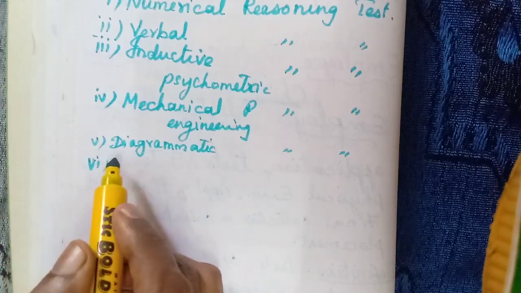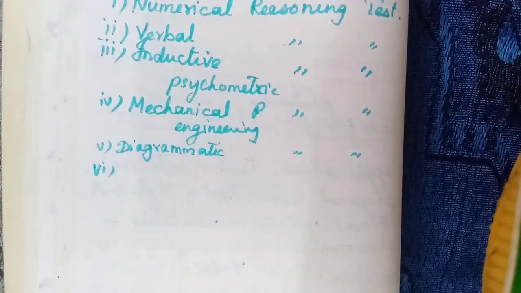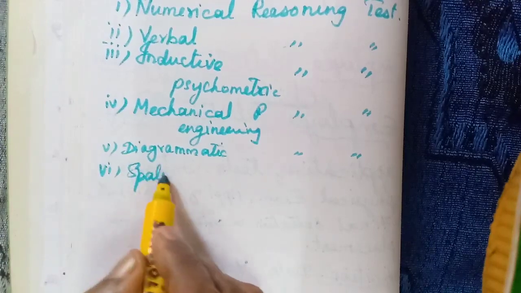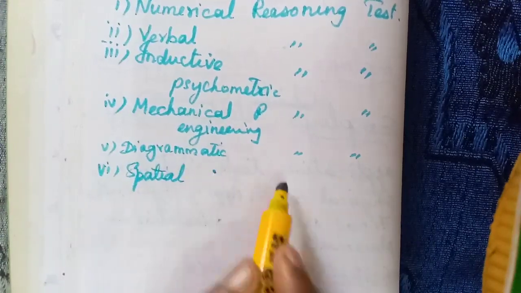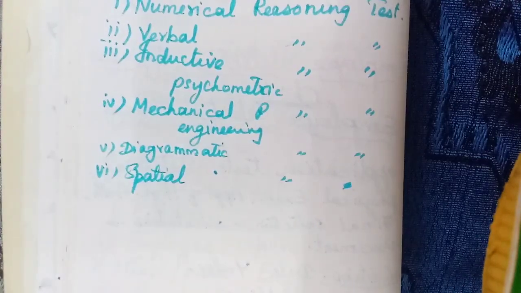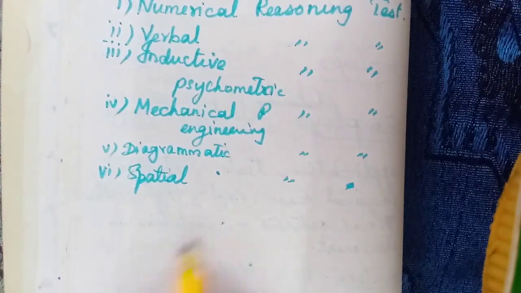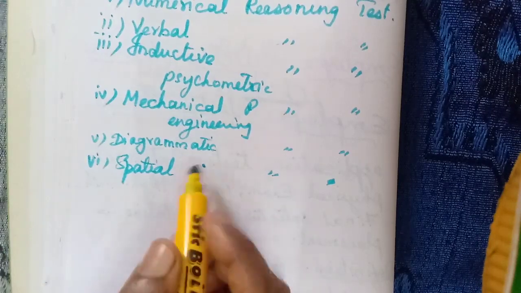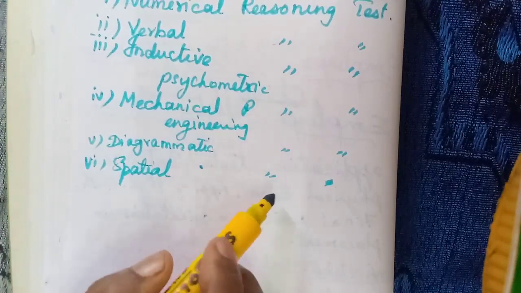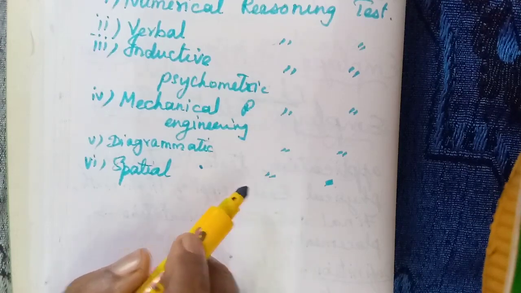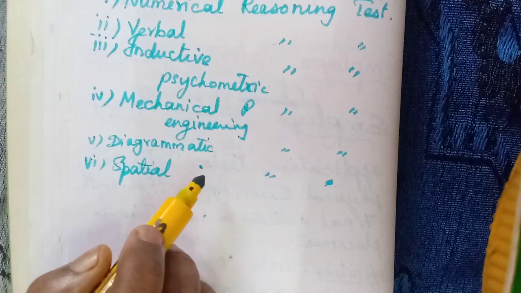Then the spatial reasoning test. Here they have to remember a shape, or they will be asked to differentiate between two shapes.